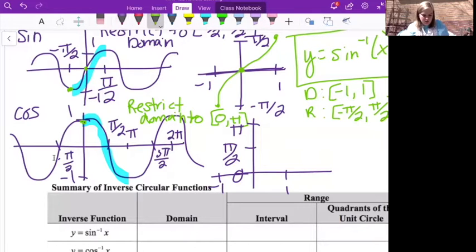So this is the point 0, 1. So then that becomes 1, 0. And then this point at π/2, 0 becomes 0, π/2. And then this point at pi, -1, becomes -1, pi. And so then this inverse looks like this.